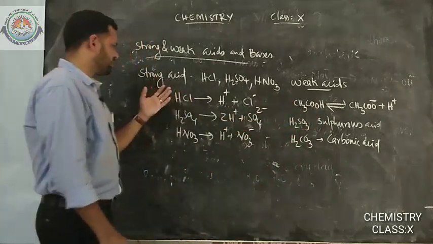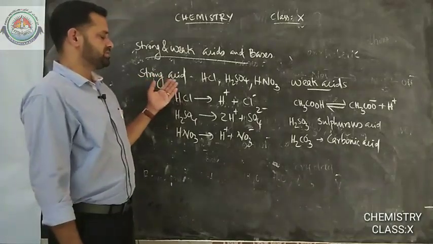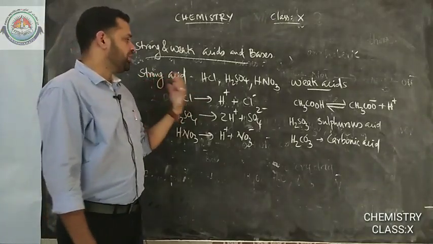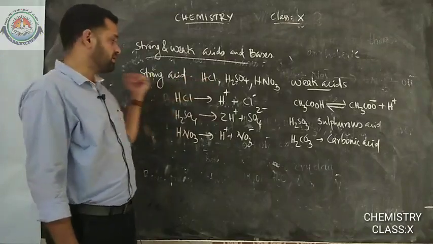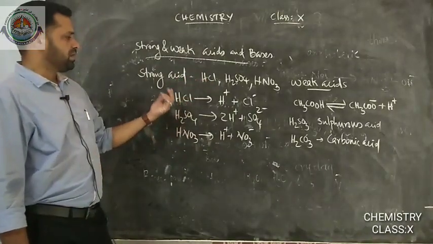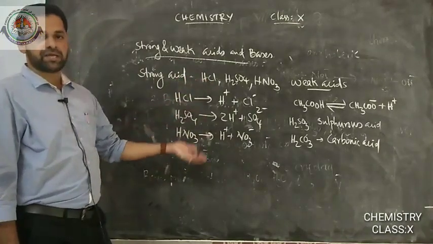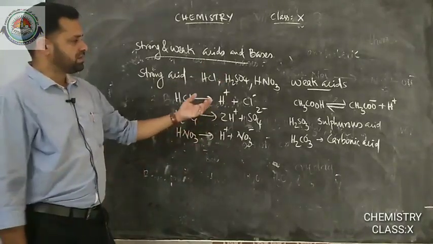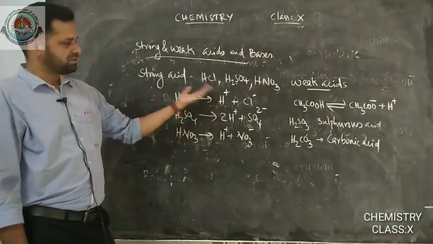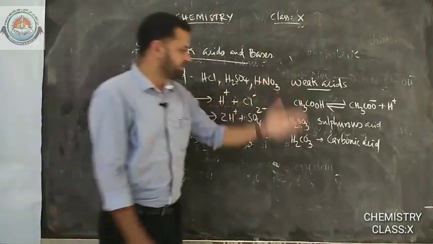So, what is a strong acid? Strong acids are the substances which ionize completely and give more amount of H plus ion. They are called strong acids. Example: hydrochloric acid, sulfuric acid, nitric acid, etc., and then hydrobromic acid. All these are strong acids. Then weak acids.